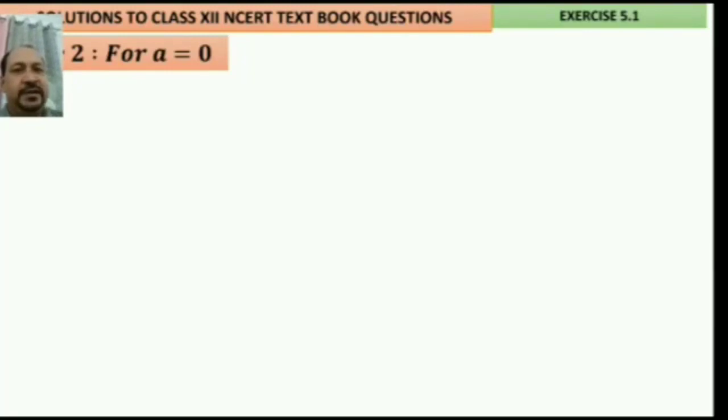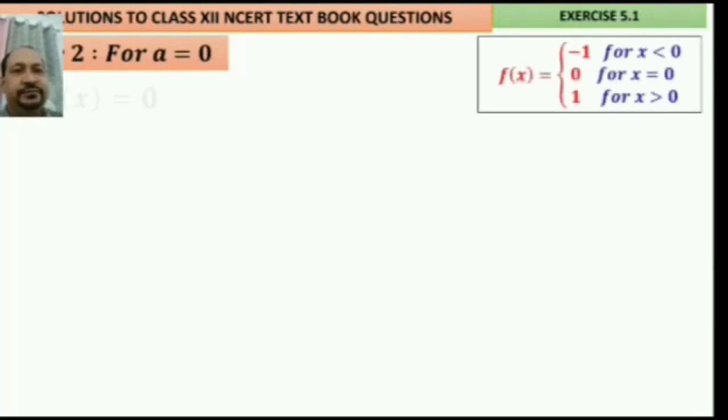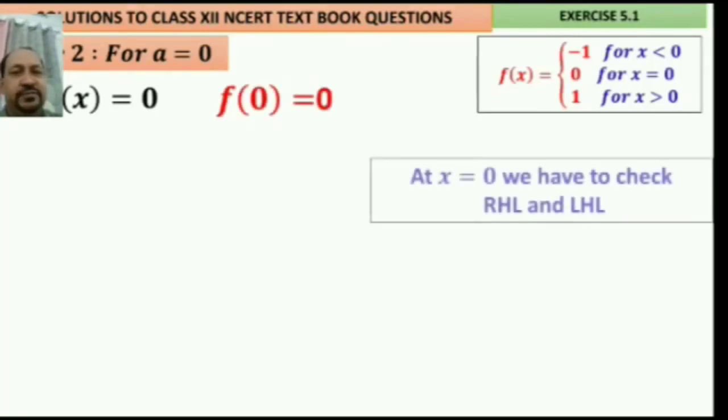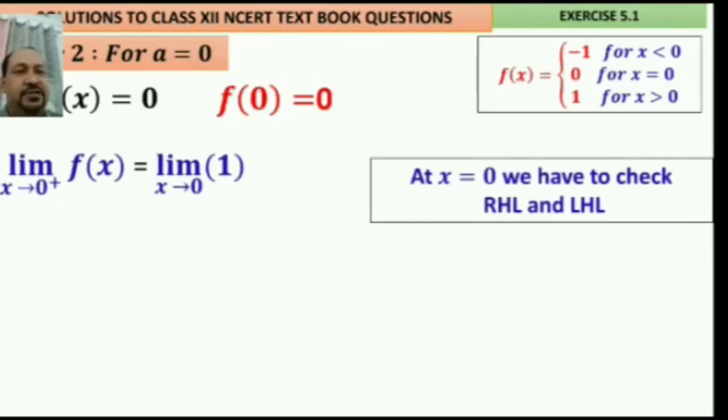Case 2, for a equal to 0, f of x equal to 0, it means f of 0 equal to 0. At x equal to 0, we have to check RHL and LHL. Then RHL, limit x goes to 0 positive f of x equal to limit x goes to 0, 1, and you will get 1.